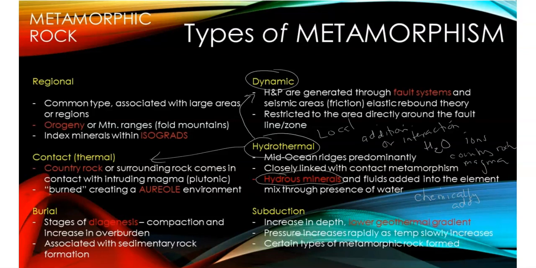So when you add water into these minerals, you're going to get an increased rate of metamorphism. This can happen in mid-ocean ridges, and maybe in some areas where you have local and very shallow depths where you have access to water, say of an ocean plate or a lake. That could also be a good example.